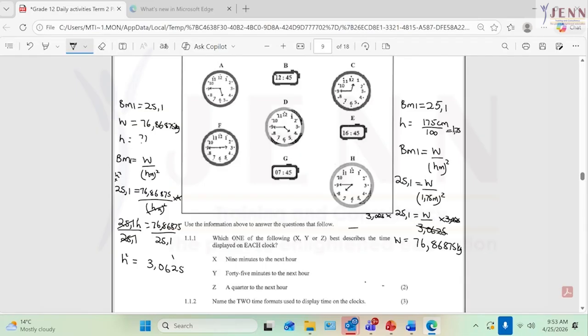Then we just want h, height, not height squared. What is the opposite of square? The opposite of square is square root. So we take the square root of both sides. The square root of h squared is h. Now the square root of 3.0625 will give us 1.75. That will be our height.